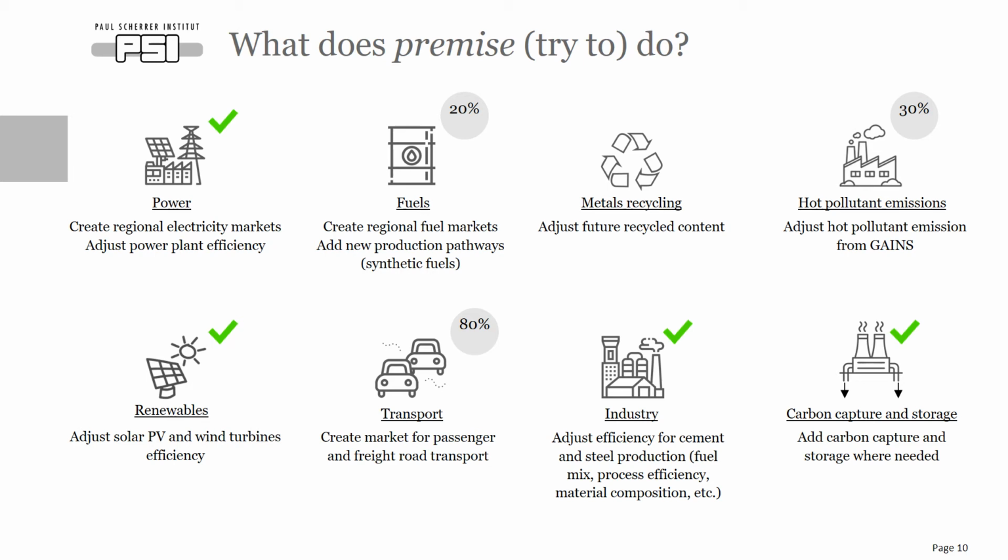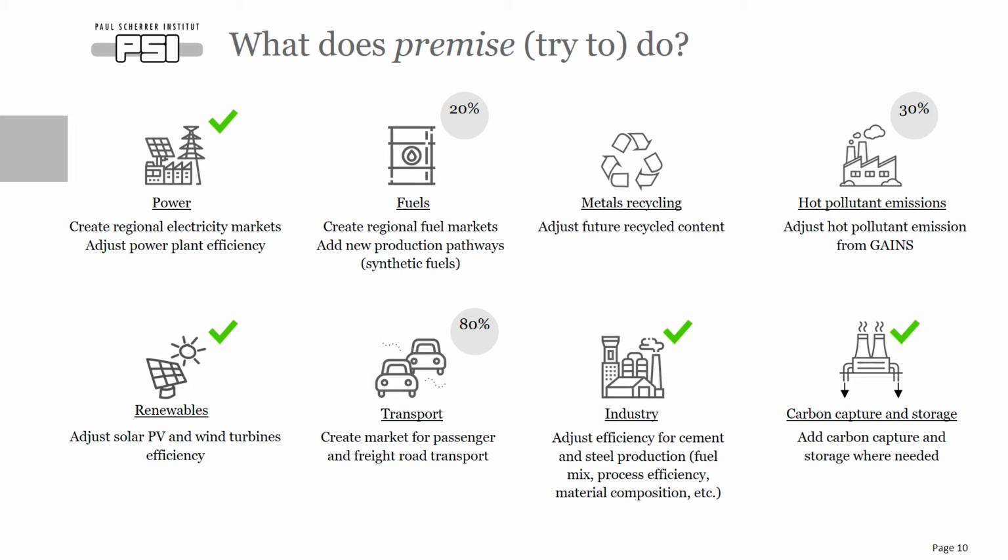This is actually quite a big deal for the lorry transportation, which is very present across the database. Another thing Premise is about to be doing, or that is soon to be implemented, is the adjustment of hot pollutant emissions across the different industrial activities in EcoInvent.